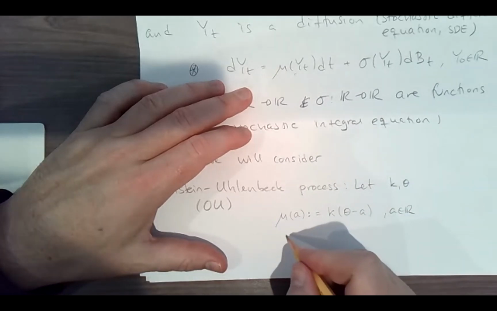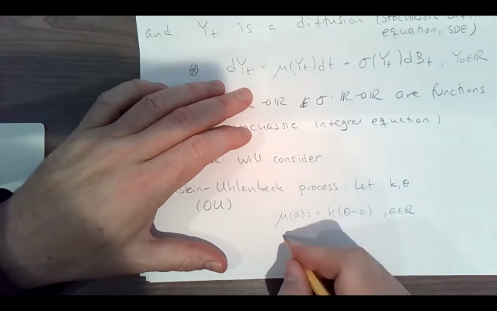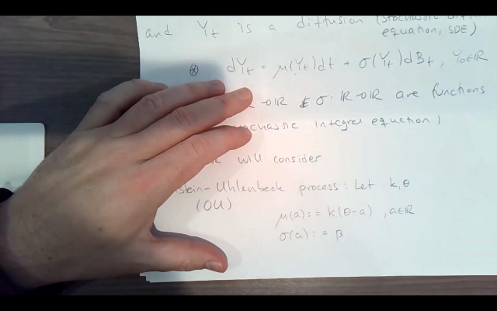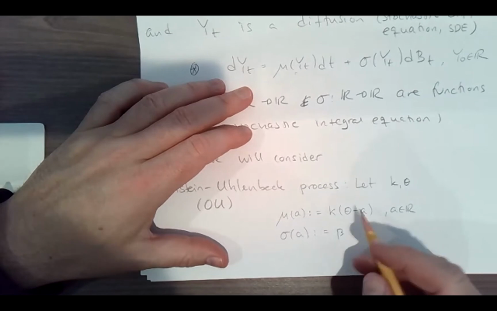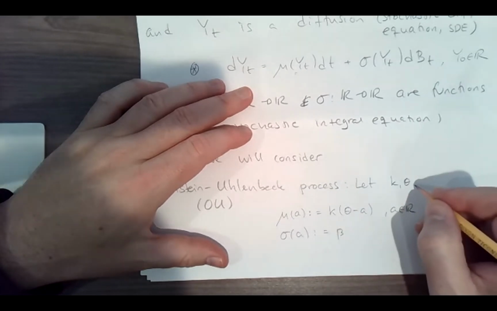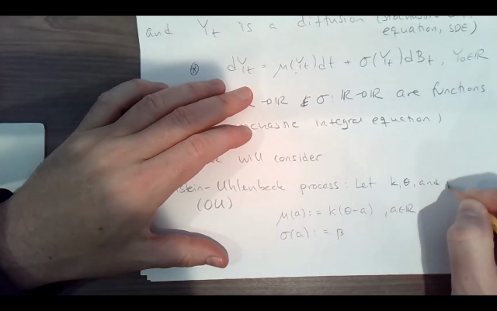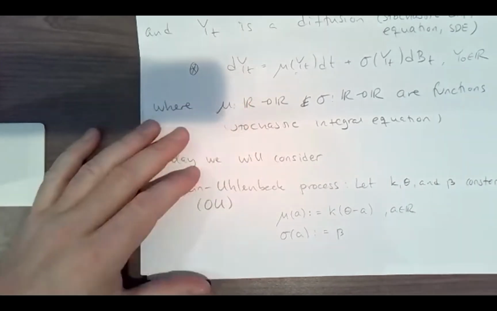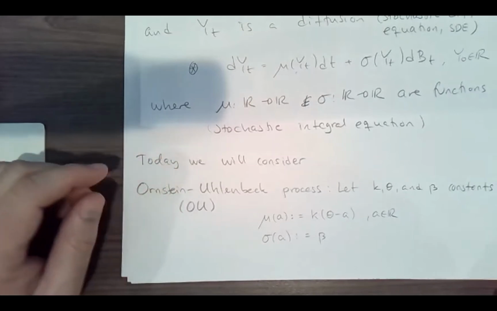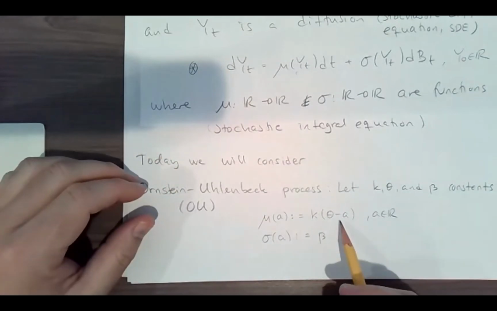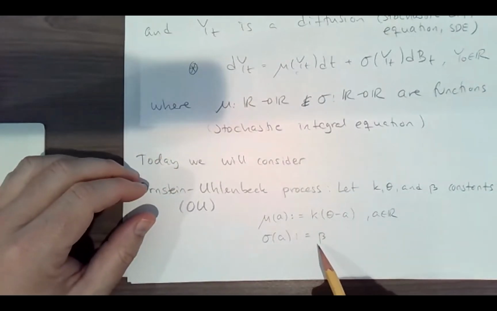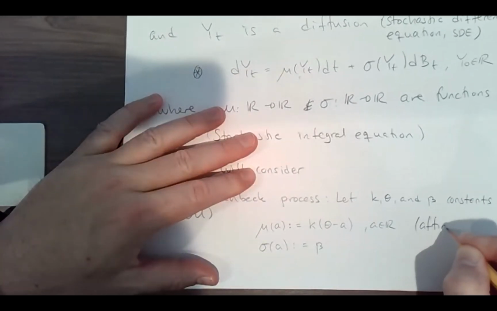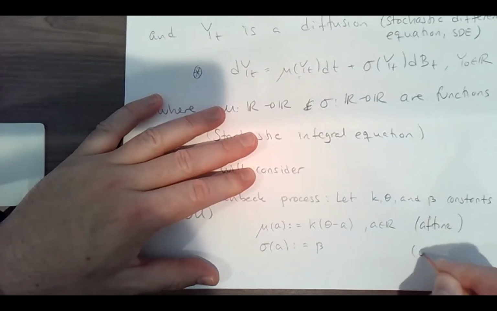We also need something for the sigma. So sigma of a is just a coefficient beta. So you let kappa, theta, and beta be constants. So mu is an affine function, and sigma is a constant function.